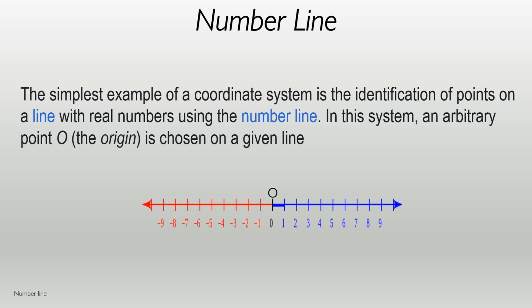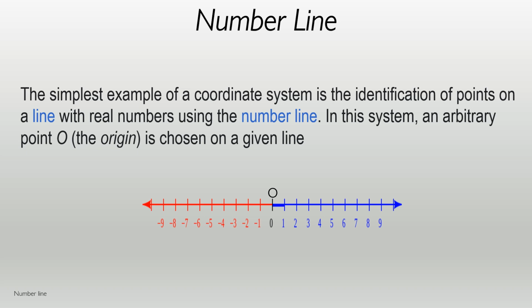A number line is a simple way to find the location of a point. The simplest example of a coordinate system is the identification of points on a line with real numbers using the number line. In this system, an arbitrary point O, which is called the origin, is chosen on a given line.